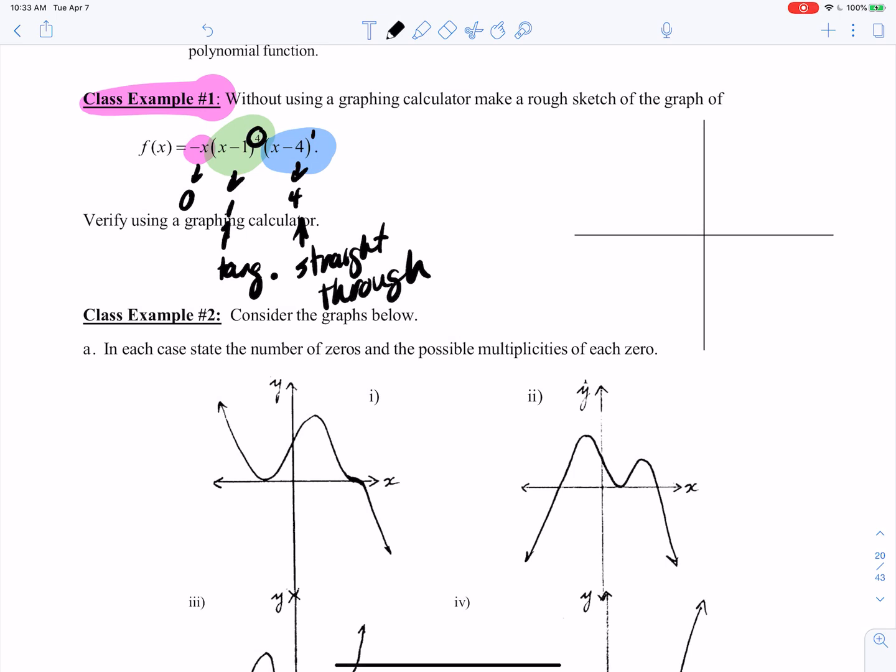All right, so let's graph them. So I've got the 0 at 0, I've got the 0 at 1, and I've got the 0, there's 1, 2, 3, and I got a 0 at 4. Now let's connect with our end behavior here.